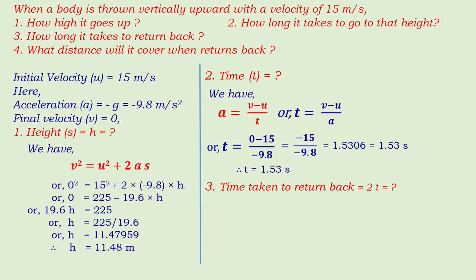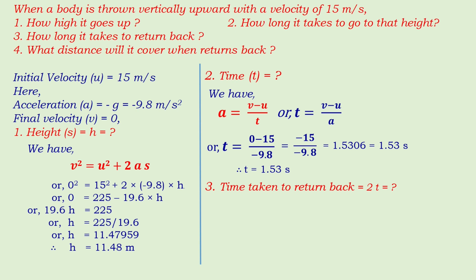The third question is how long it takes to return back. What does it mean? When a body is thrown vertically upward, it reaches a certain height and again it comes back to our hand. It means how long it takes to go up and come back to our hand.